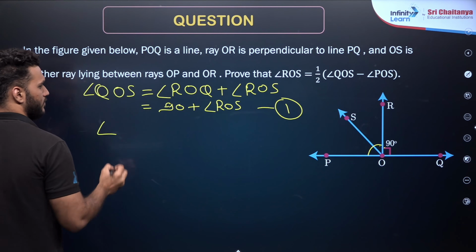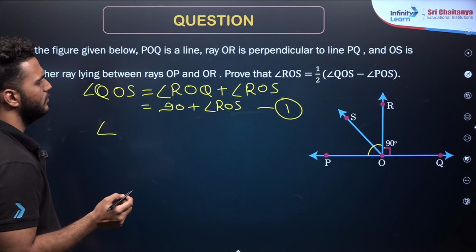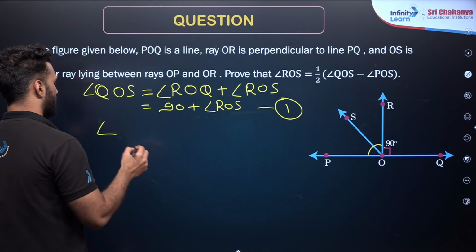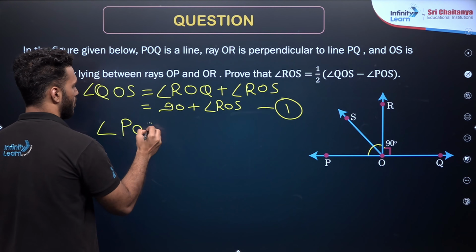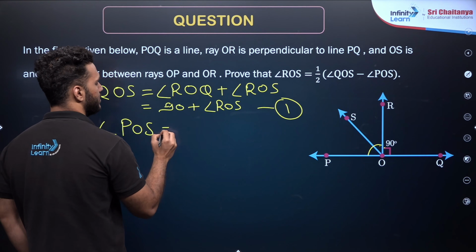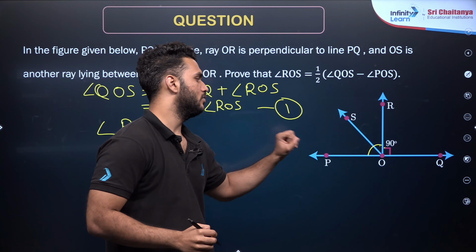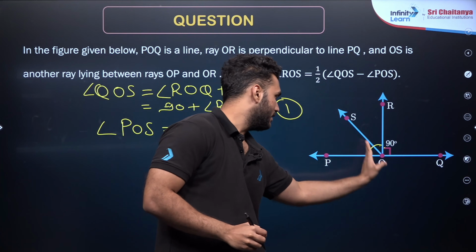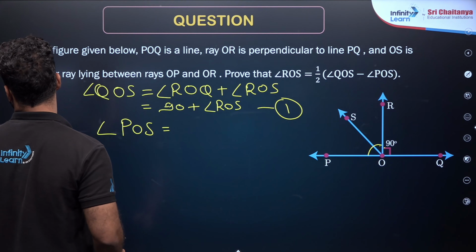Now if we take angle POS, we should take POR instead. Can I say that POS is equal to 90 minus this angle?